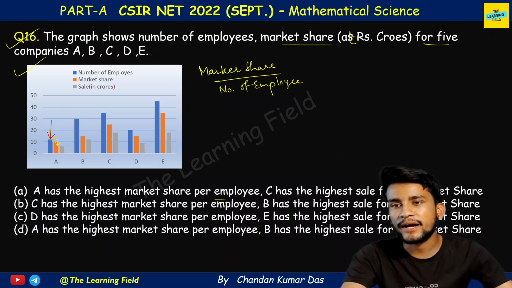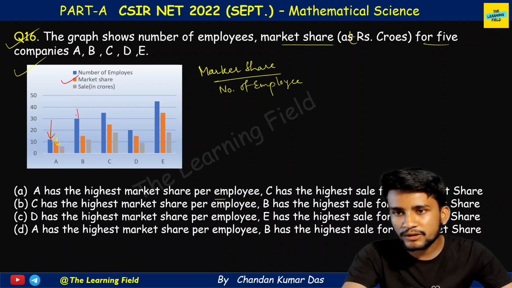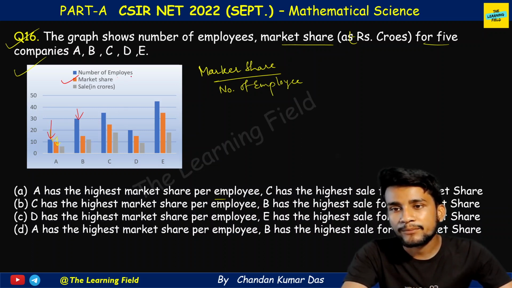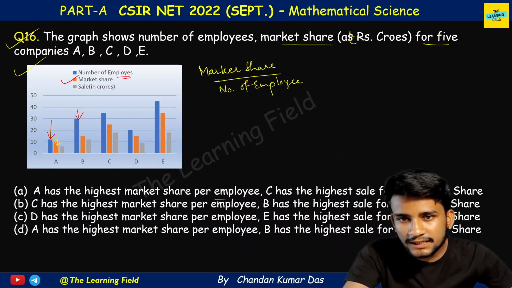Therefore we find the market share, this one, and this one. Now in all the 4 cases the value of the number of employees is more than the market share, that means the denominator in all the cases is big as compared to the numerator.